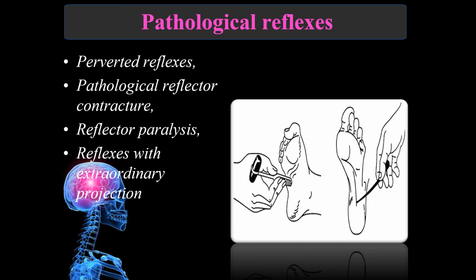Pathological reflexes mean reflex reactions that lead to damage to the nervous system and limit the body's adaptability to the environment. There are various types of pathological reflexes: perverted reflexes, pathological reflex contractures, reflex paralysis, unusually projected reflexes.